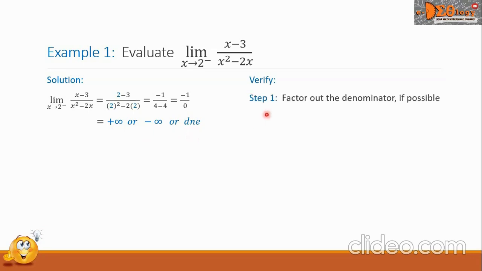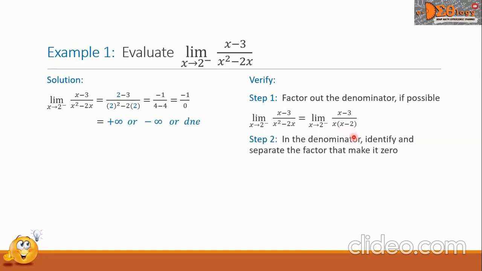For step 1, let us factor out the denominator if possible. Let us copy again our problem here. We can see that the denominator can be factored into x times the quantity (x - 2). Step 2, in the denominator, identify and separate the factor that makes it 0. There are 2 factors in the denominator.